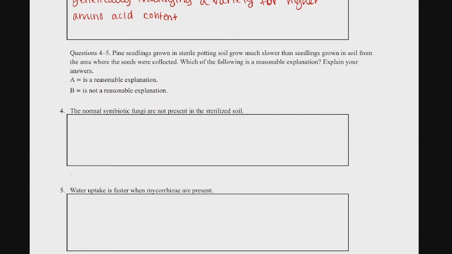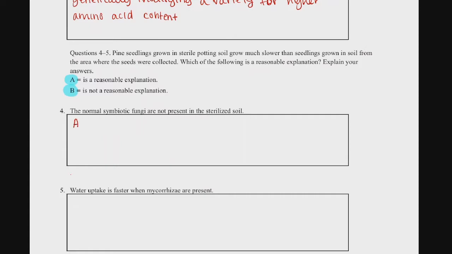No problem, thank you. So we're going to use these two to answer the following two explanations. So 4 and 5 are posed as explanations, and we're going to say A, yeah, that's reasonable, or B, we don't find it reasonable. The first explanation for why these seeds are not growing as well is the normal symbiotic fungi are not present in the sterilized soil.